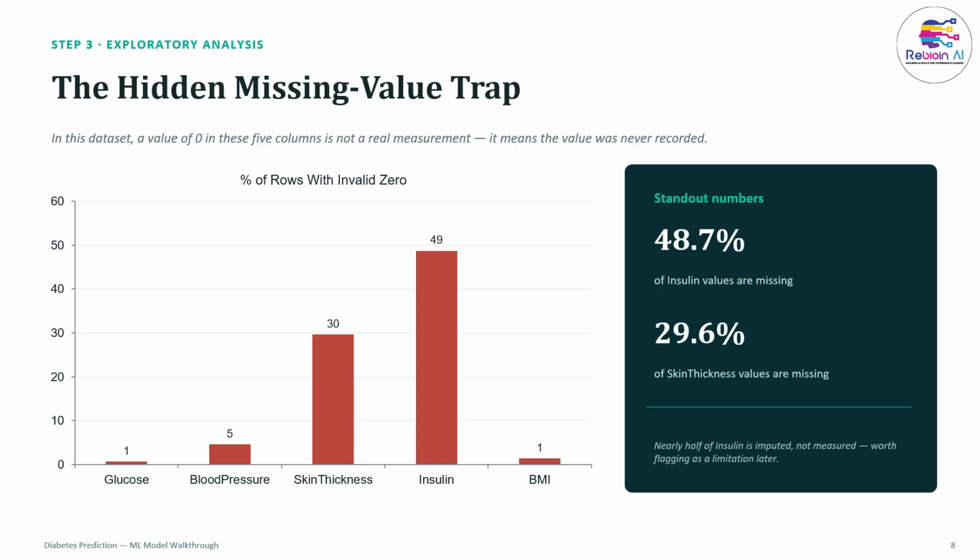If we trained a model on this data as is, treating these zeros as real measurements, we would be teaching it complete nonsense for almost half our insulin values. So we should resolve this before training our model.